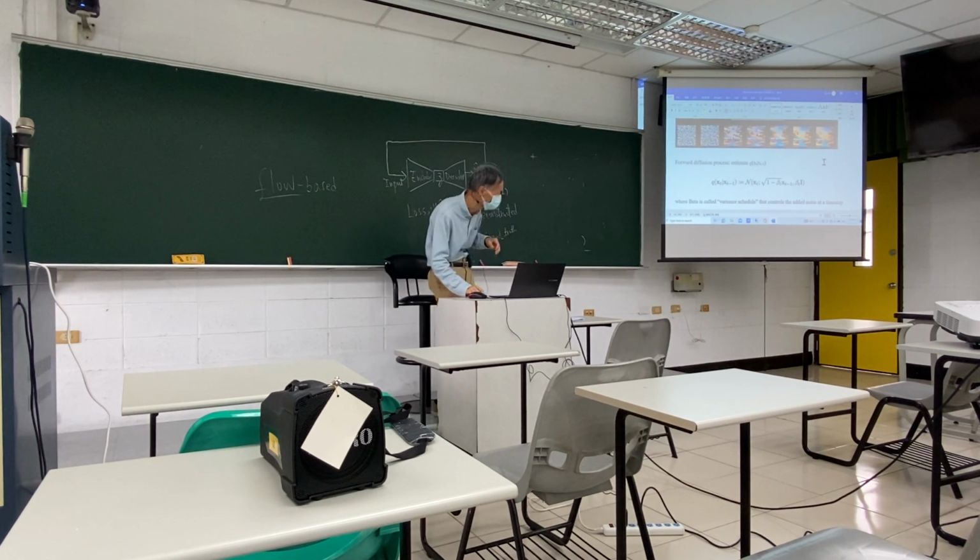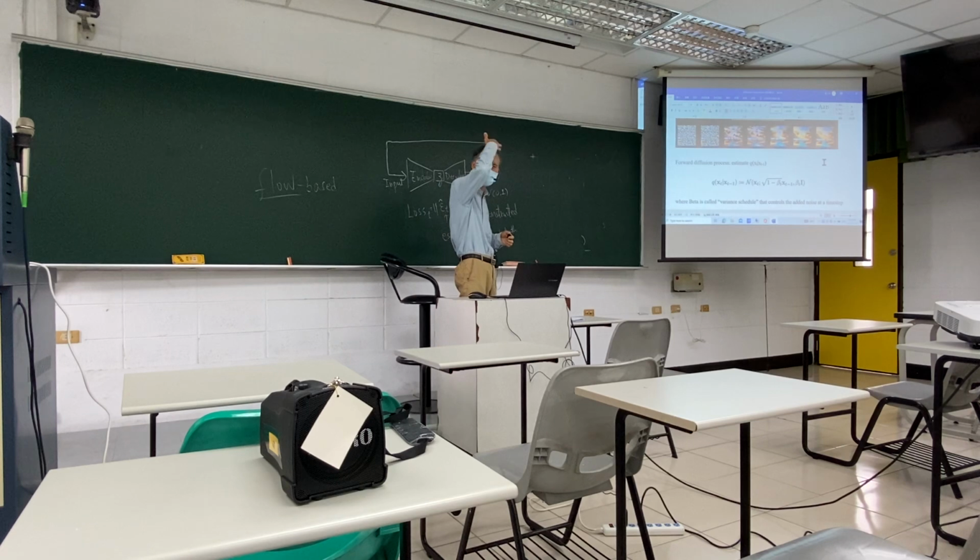If you have a chance to take a look at the diffusion model, you might find this is usually given. You don't need to set it up. It's the so-called variance schedule, which applies to each diffusion time step.